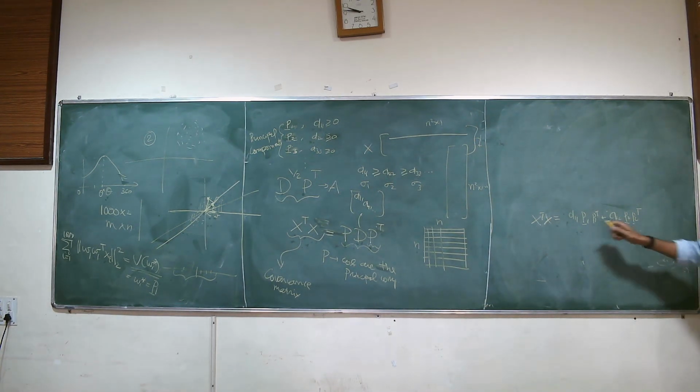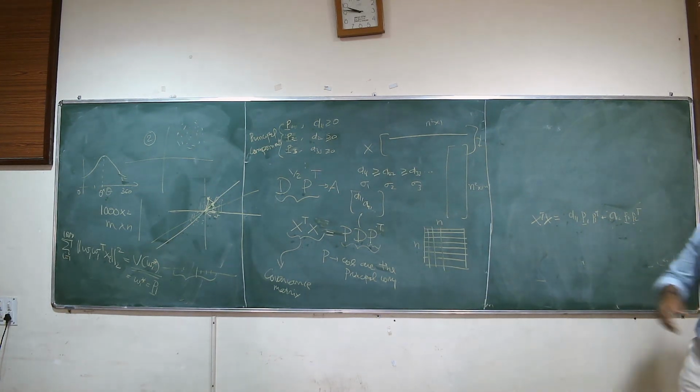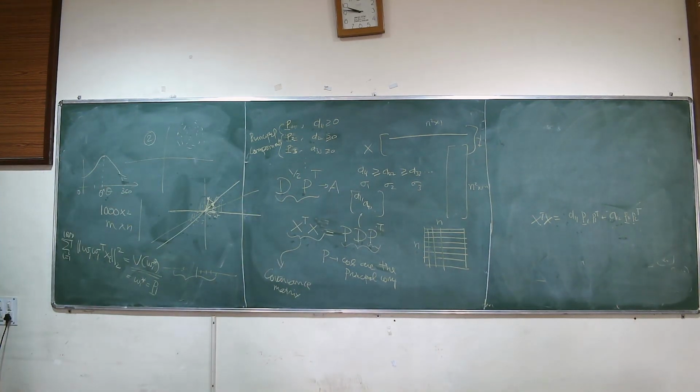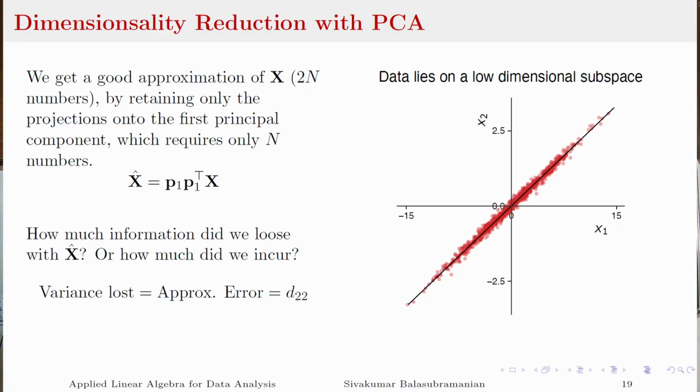If D22 is very small compared to D11, like in that case, you simply ignore this. Now your data is essentially all represented along this line, so you only need a single number to represent your data. You don't have to store two numbers, you only store one number. That's one way of compressing your data.